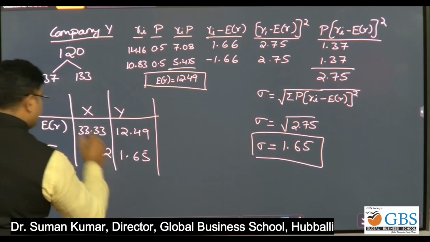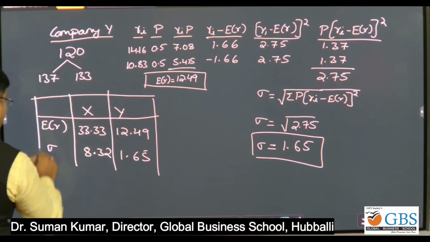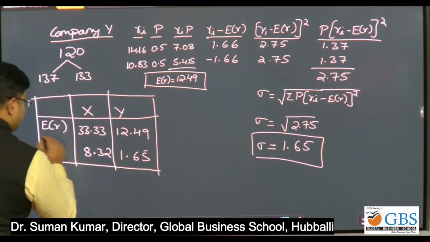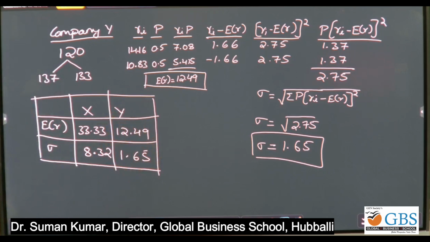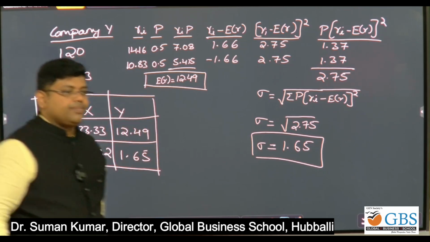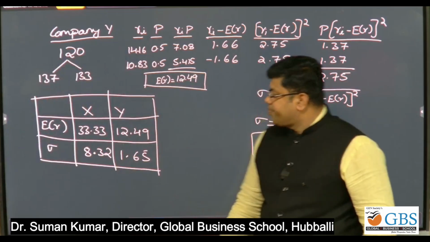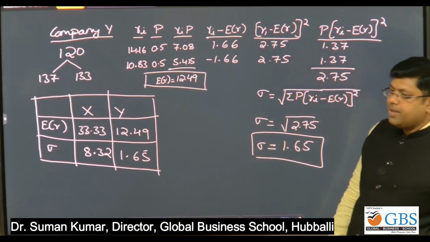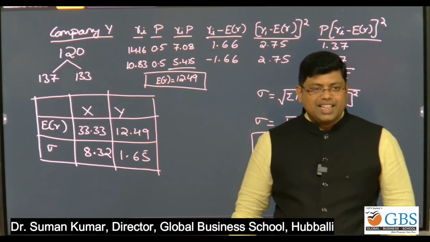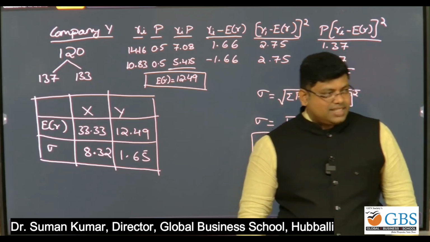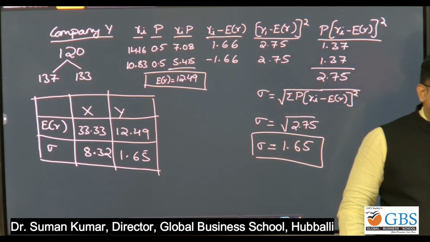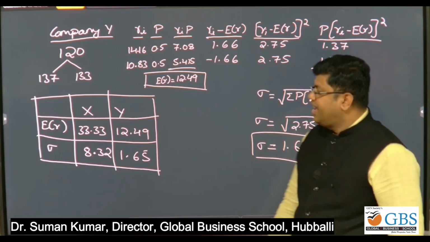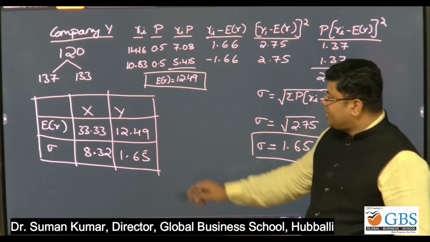We found out return as well as risk. From this we need to conclude. Now tell me how to conclude. Which one are you going to select as an investor? X. Why? So risk is less here.